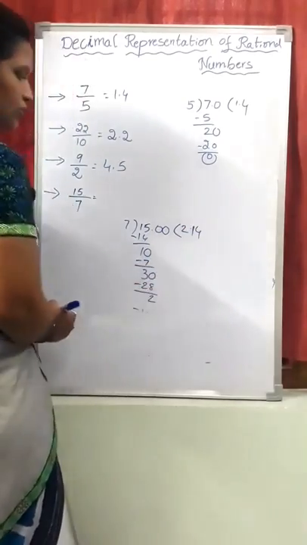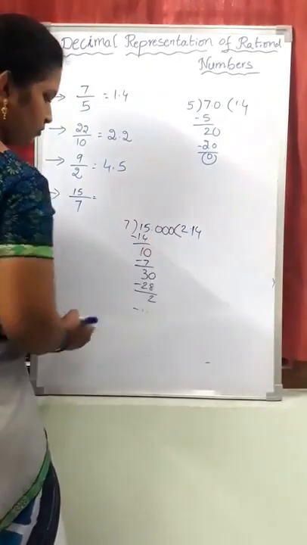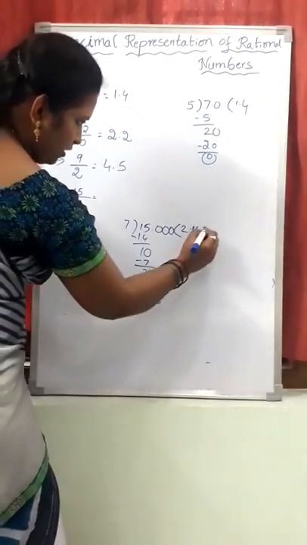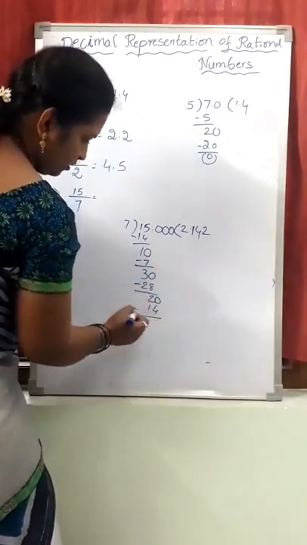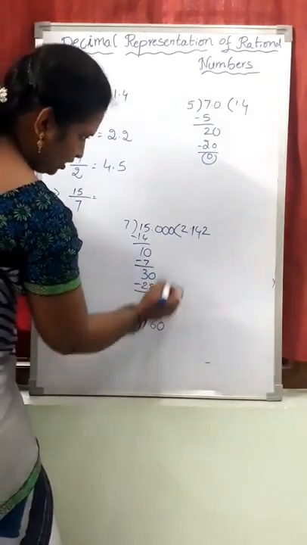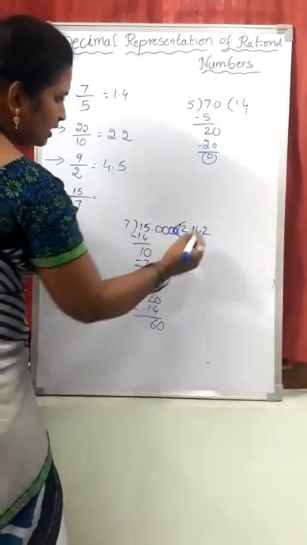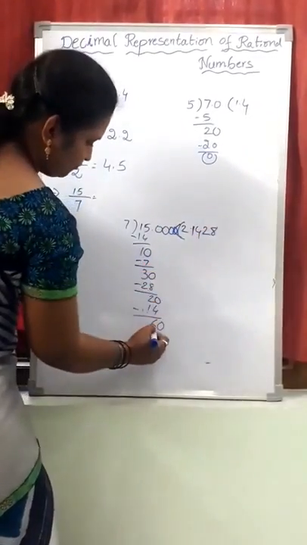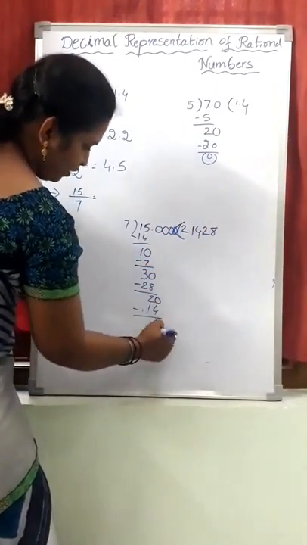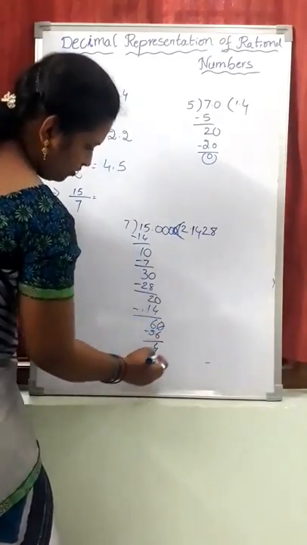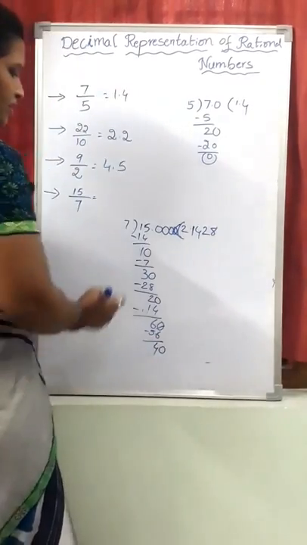The remainder is 2 here. Once again keep one more 0. Then 7 twos are 14. Now the remainder is 6. One more time keep 0. Then 60. 7 eights are 56. One more time. Yeah, it is 4. Now it is 40.